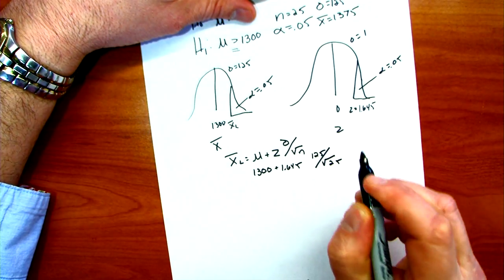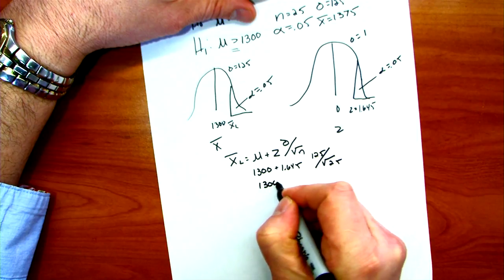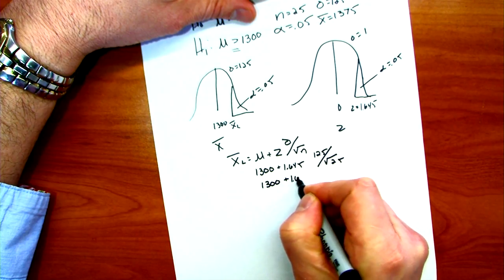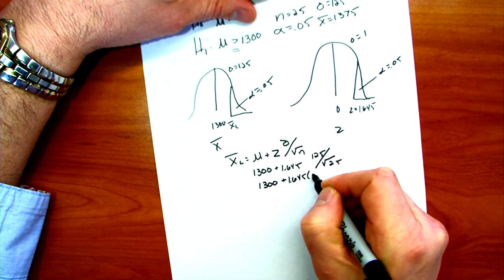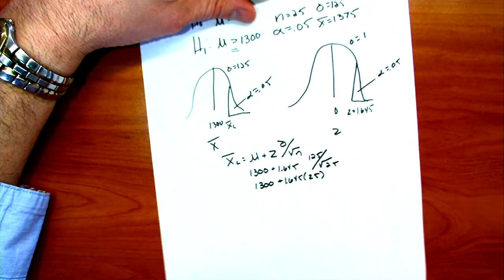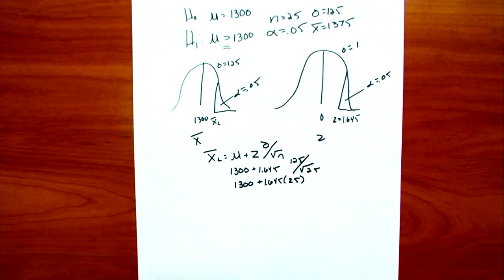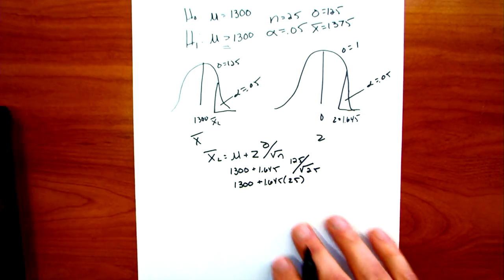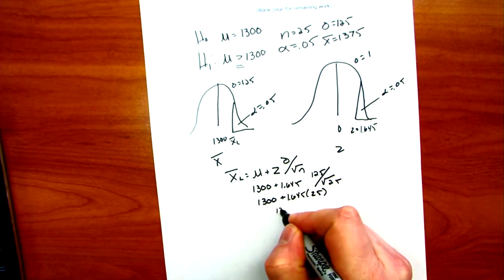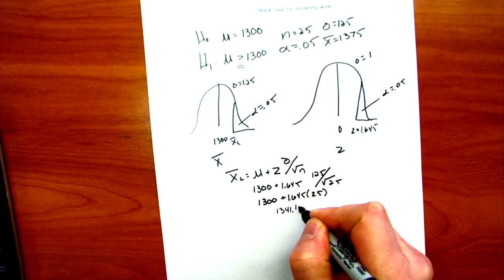N is 25. We get 1,300 plus 1.645 times 125 divided by 5, which is 25. So the lower bound of the rejection region is, let's see, 25 times 1.645 gives me 1341.125.